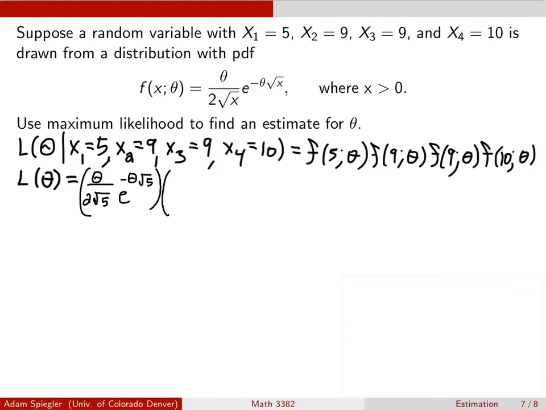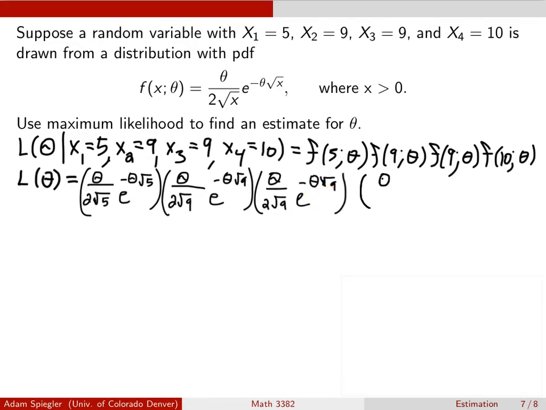So now we actually know what the values of x are, and the probability of getting that output is going to be a function of the parameter theta. So the probability of getting a 9 would be theta divided by 2 square root of 9 e to the minus theta times the square root of 9. The same, our third observation was 9, so we have theta over 2 square root of 9 times e to the minus theta times the square root of 9.